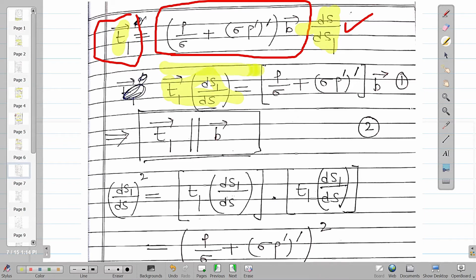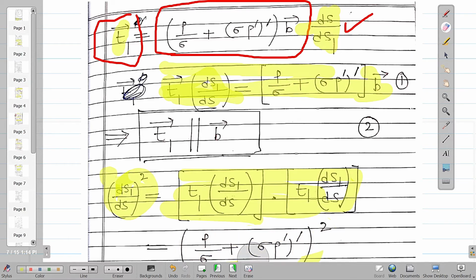Clear? First find how we can find ds1 by ds. So taking the dot product of this equation, we get this dot product, which gives rho by sigma plus sigma by rho dash raised to power 2. So this is the value of ds1 by ds that we will use later on.